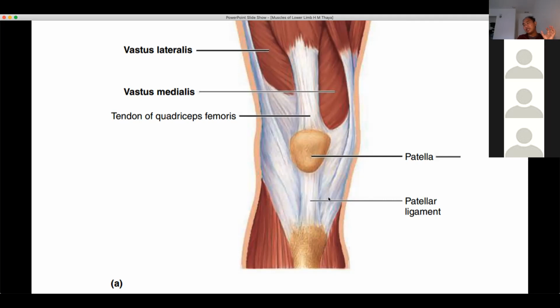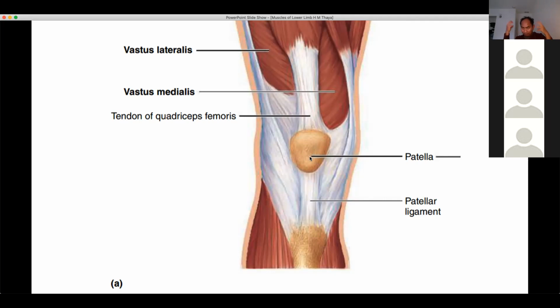So let's say if we have a ruptured or damaged patellar ligament, the quadriceps tendon will pull the patella upwards. If we have a ruptured quadriceps tendon, the patellar tendon will pull the patella downwards.